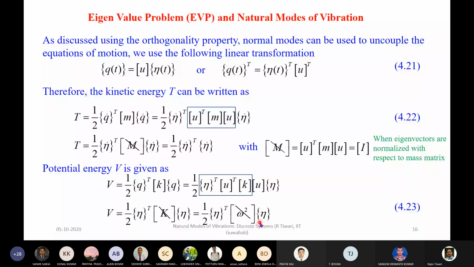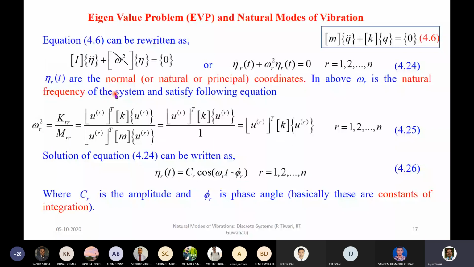So now you see the previous equation. This was the original equation of motion in terms of the generalized coordinate. When we transform this, eta double dot will be there. Then the mass matrix after transformation becomes the I matrix, and the K matrix after transformation becomes the omega square diagonal matrix, times eta is equal to 0.